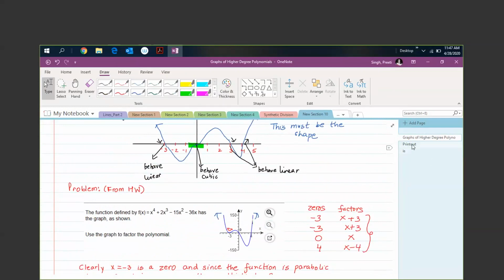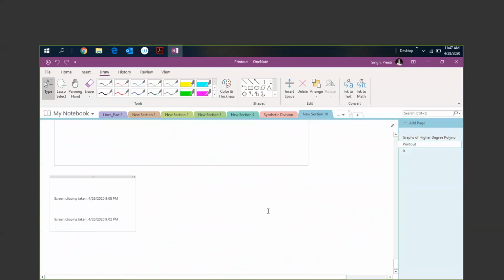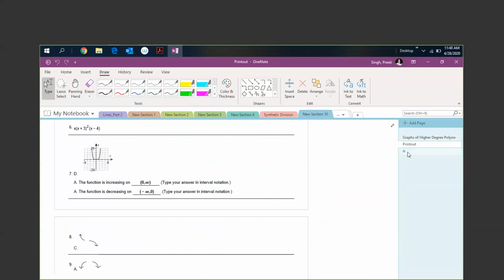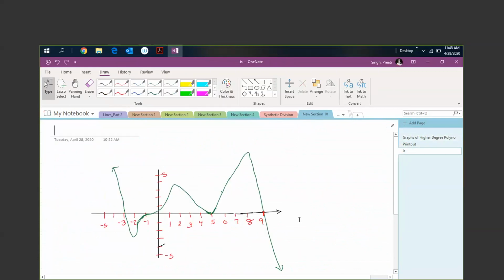I have one more question before I end, which is not here, which is right here. I would want your answers on this one. Write the factored form of this particular function.